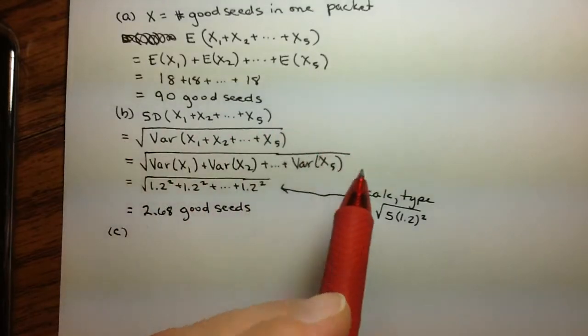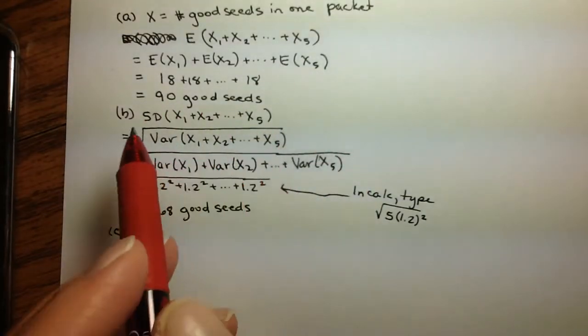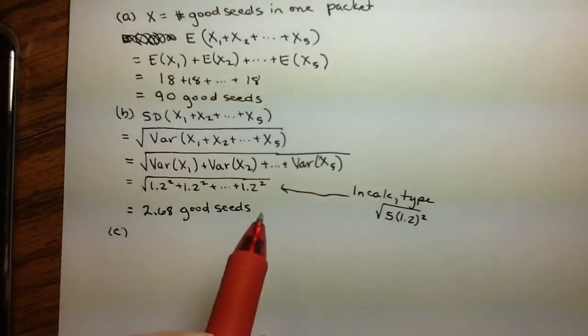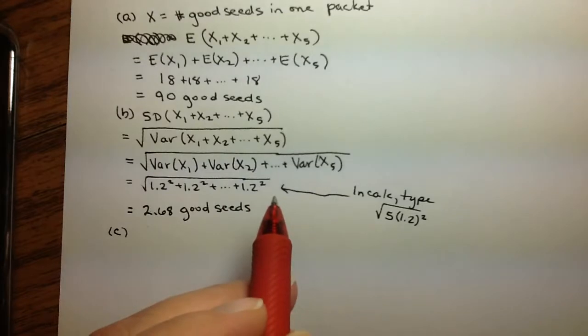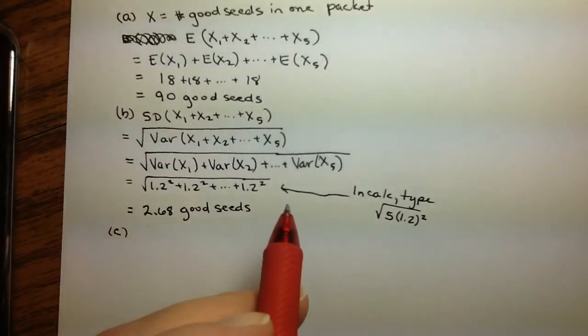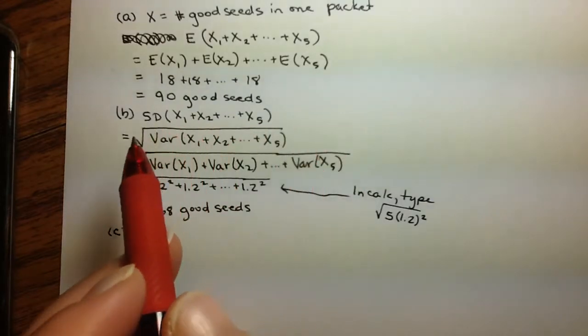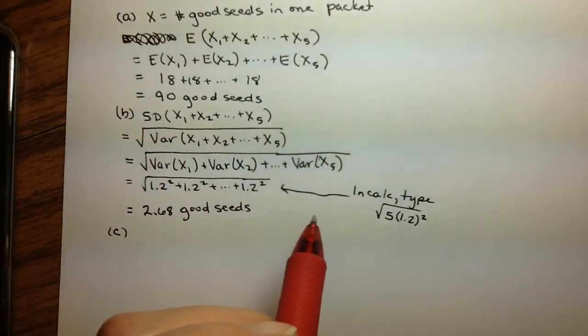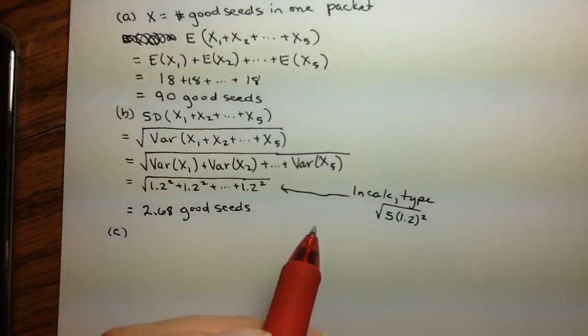But the standard deviations are kind of tricky, because if you have independent random variables, these standard deviation rules, variance rules, work quite well. If you have some association between your variables, however, then this is messed up, because variation amongst similar packets is smaller than the variation amongst packets that are all independent.